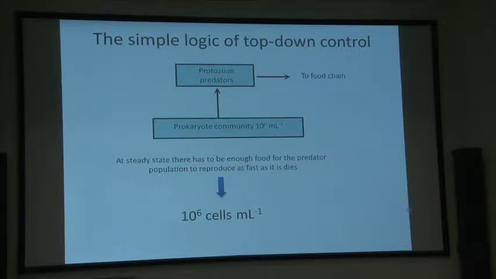That's the steady state argument. If you do the mathematics and look at the parameters, you come out at around 10 to the 6 per milliliter. This seems to fit the observation that this 10 to the 6 per milliliter is relatively constant, which fits the idea of top-down control. Whether you change the resources, the predators respond very quickly and keep the population at the same size.